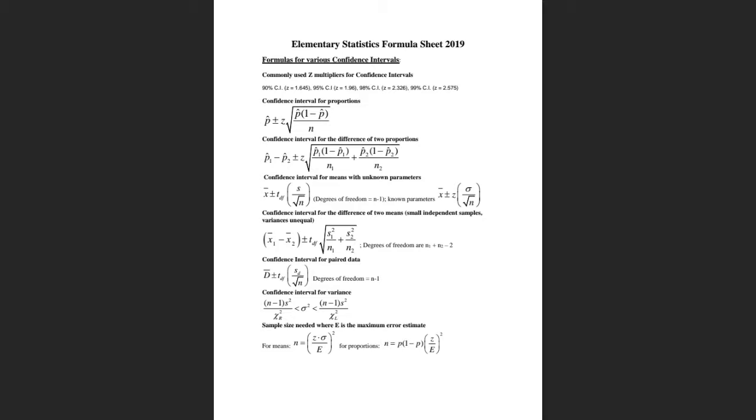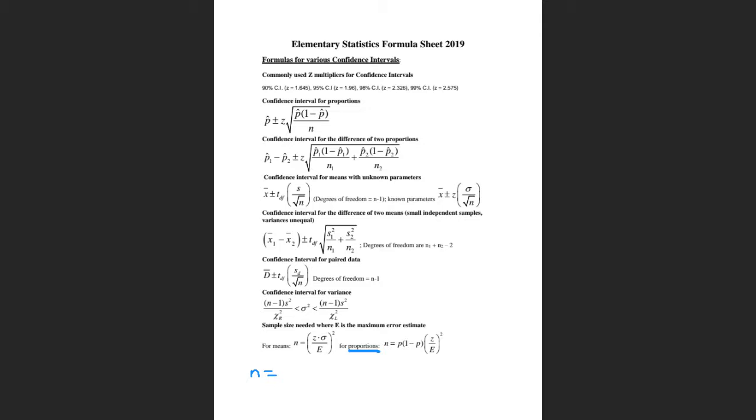So if we look at this, we're doing it for proportions, right? Yes. So let's go ahead and use this formula here. So n equals, now do we have any idea historically what the proportion is? Does it give you anything?